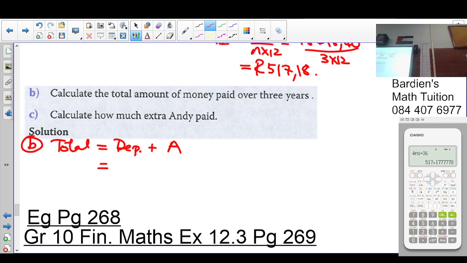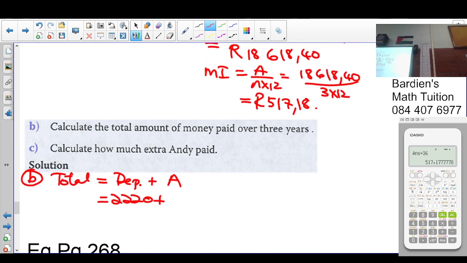How much deposit was paid? 2,220 Rand plus 18,618 Rand and 40 cents. Otherwise, it's your deposit plus your total monthly installments. If you work out 517.18 times 36, you'll get again that answer of 18,618 and some odd cents. Are you all with me?